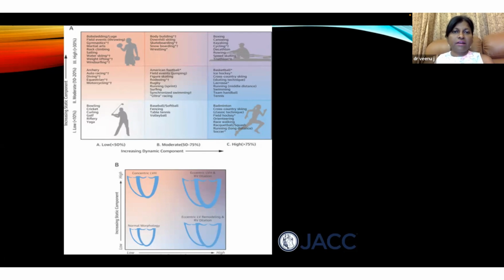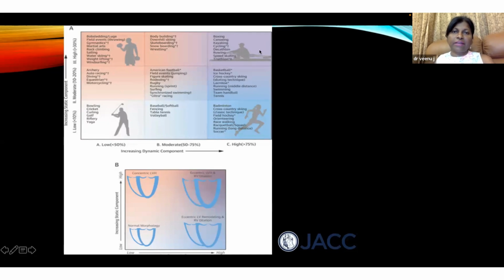These are exercises where both static and dynamic components are lowest, so we are not expecting too many changes in the heart. As we go further away, as the dynamic portion increases, these are the people in whom we are going to expect some amount of changes in the heart.